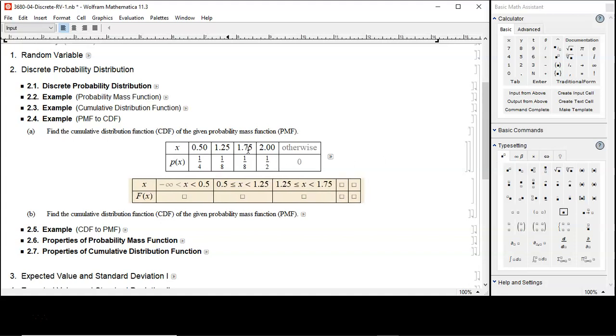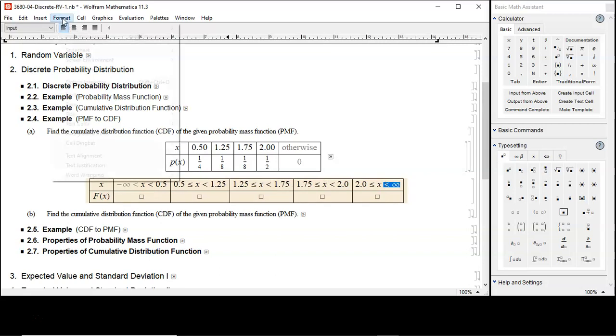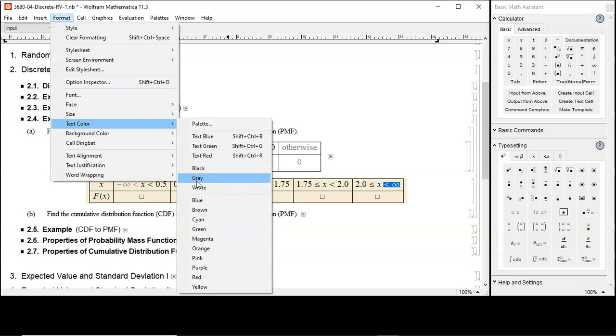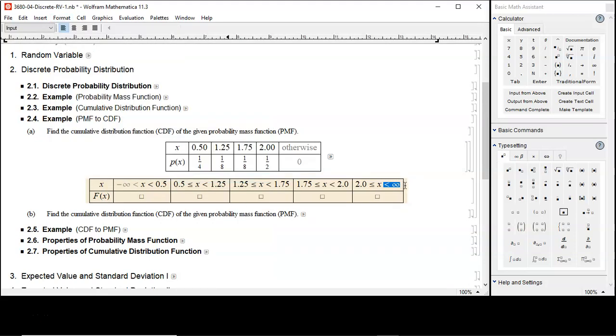And then next class interval, 1.75 to 2.0. And finally, greater than or equal to 2.0. And of course, less than infinity part is not really required, but I decided to write it anyway.